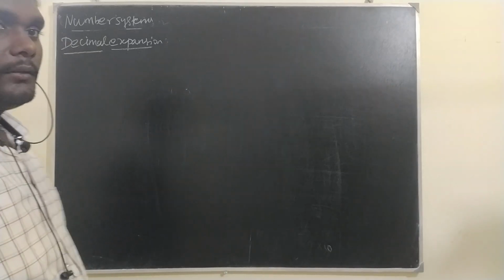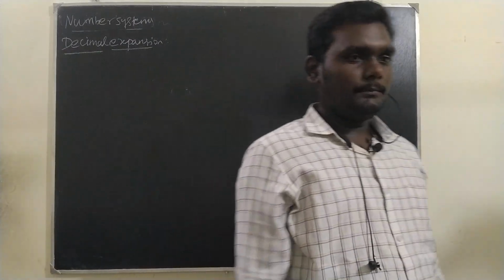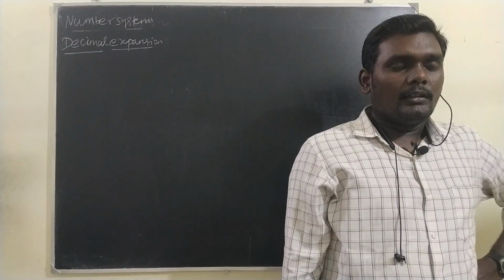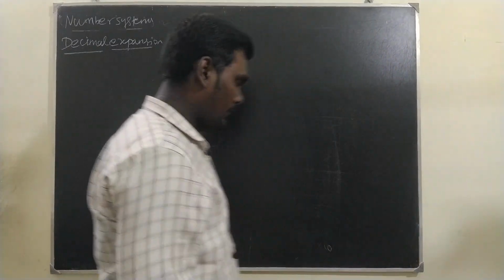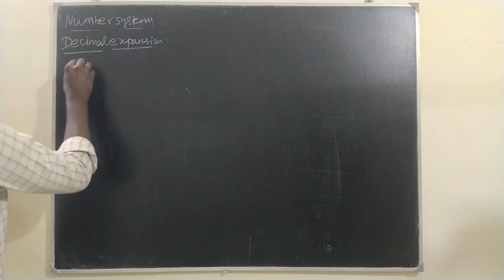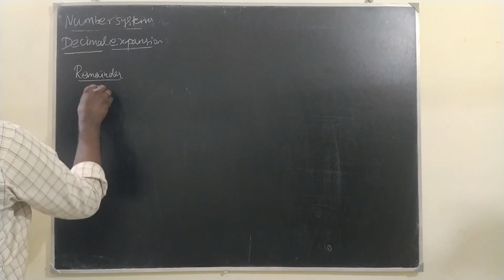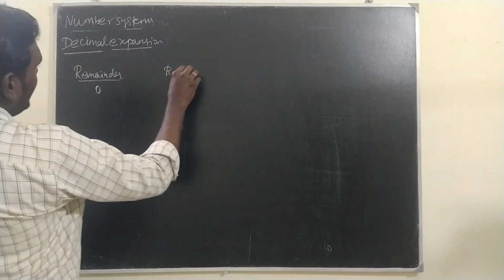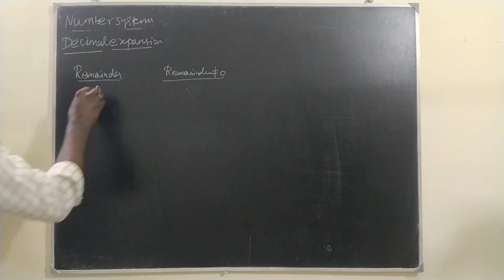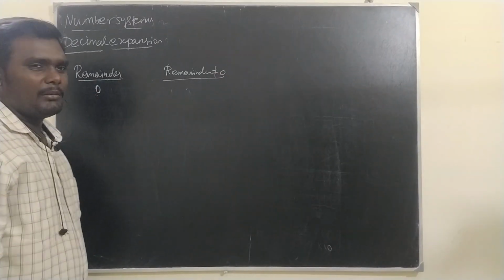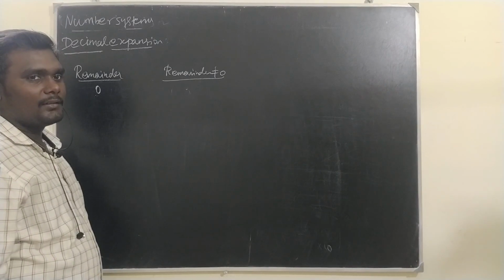Whenever a division happens, two types of decimal expansion will come: a terminating decimal and a non-terminating decimal. There are two scenarios: the remainder is 0, or the remainder is not equal to 0. When the remainder is 0, everything is over, no problem at all. But suppose when you divide some number the remainder is not 0.